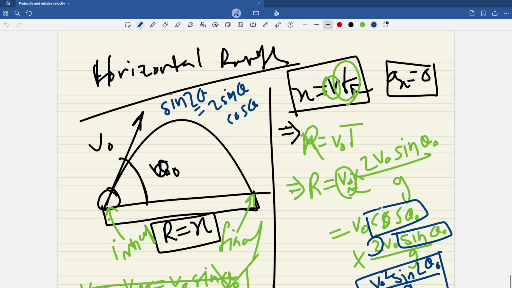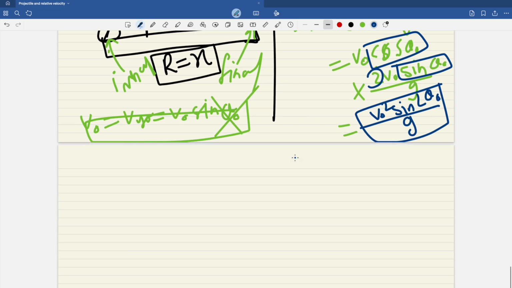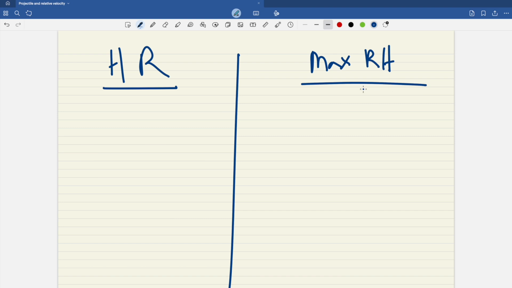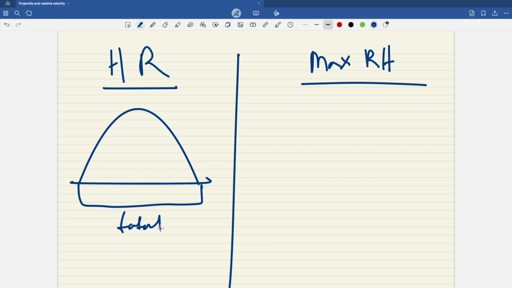Now we want to get our maximum horizontal range. So I have to explain the difference between the horizontal range and the maximum horizontal range. They are not that much different, it's almost similar. The horizontal range is what an object can travel in total, what distance it can cover in total at x.